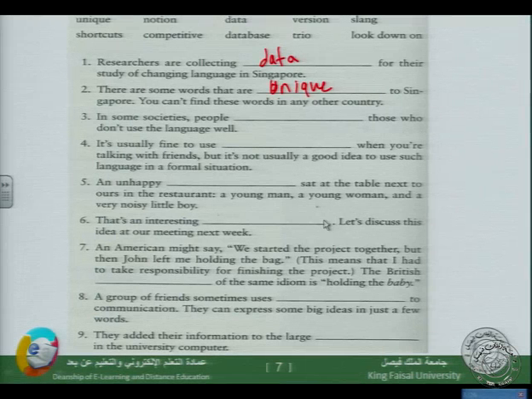In some societies, like in our society, we look down on those who don't use the language well. Slang is usually fine to use when you are talking with your friends, but it's not usually a good idea to use such language in a formal situation.